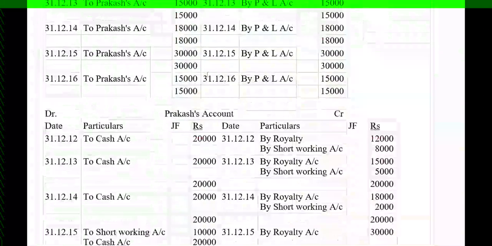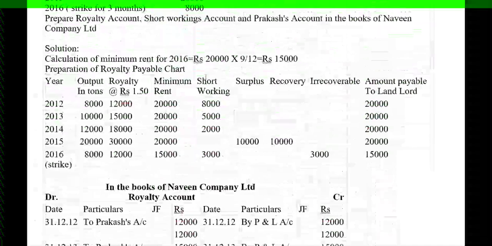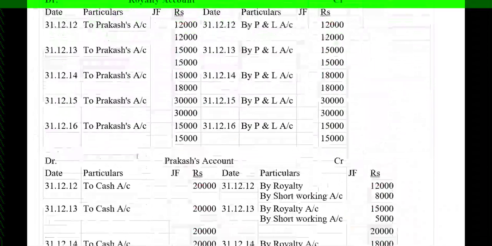Again this is short working here. So on 31st 12 2016, when the royalty is payable, royalty account debit to short working account debit to Prakash account. So Prakash account is credited by royalty account. So royalties we have got here rupees 12,000.